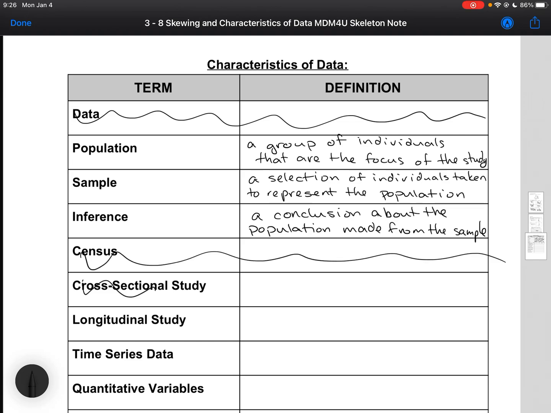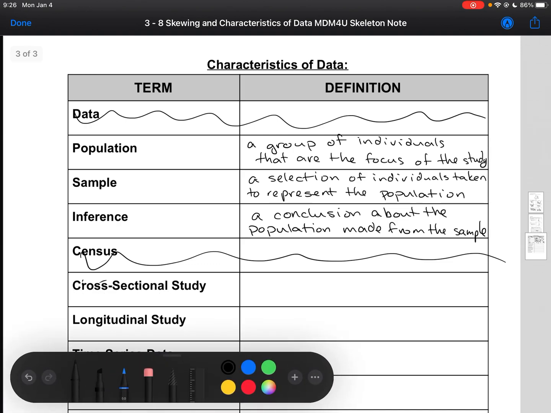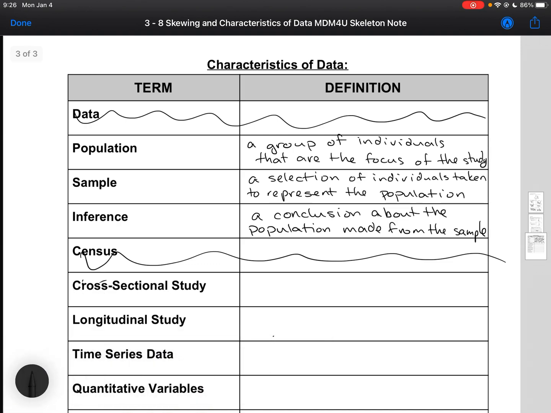Census, you don't need. Okay, let's do longitudinal study next. So this is a study that considers individuals over a long period of time.